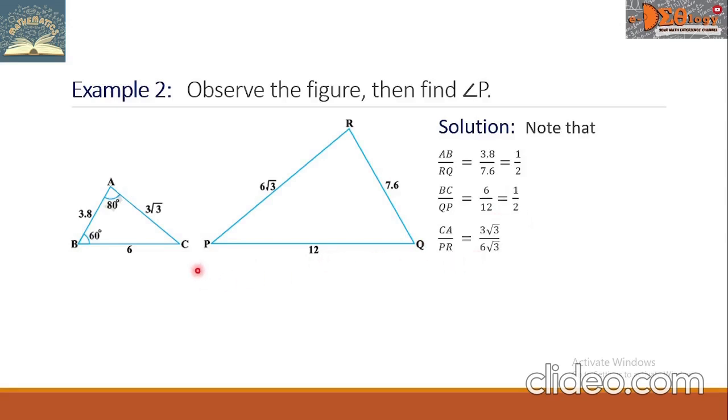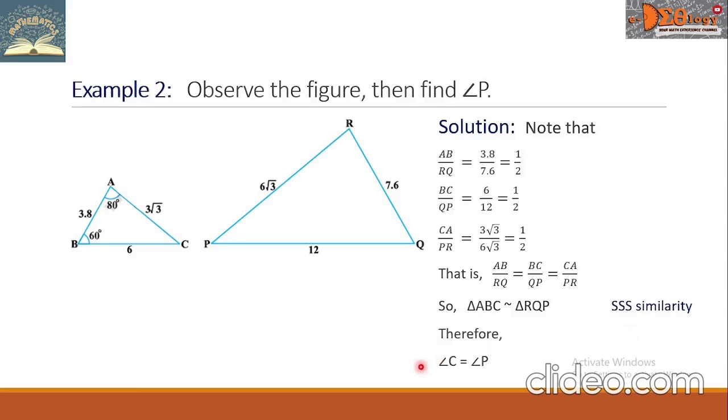The side CA over the side PR is equal to 3 square root of 3 over 6 square root of 3. We can simplify this as 1/2. Therefore, AB over RQ equals BC over QP equals CA over PR. Therefore, the triangle ABC is similar to the triangle RQP, that is SSS similarity criterion.